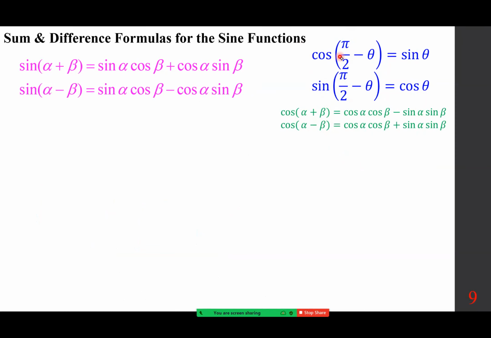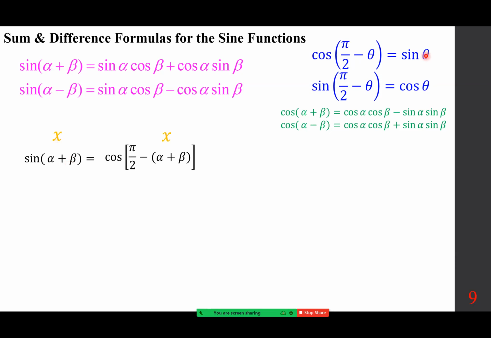So sine of alpha plus beta, we are interested in. And if we assume this is x, then this is sine of pi over 2 minus alpha plus beta. Sine of alpha plus beta is the same as cosine of pi over 2 minus alpha plus beta. We are assuming this is x.